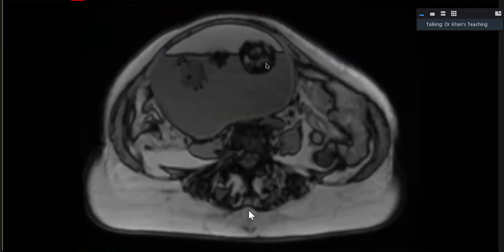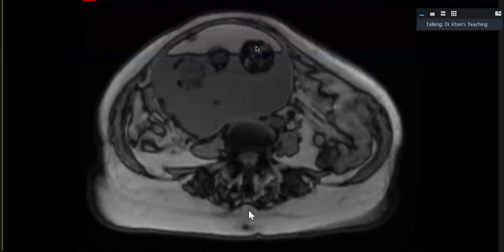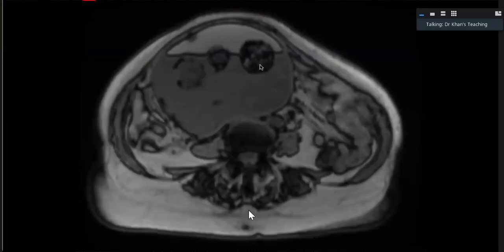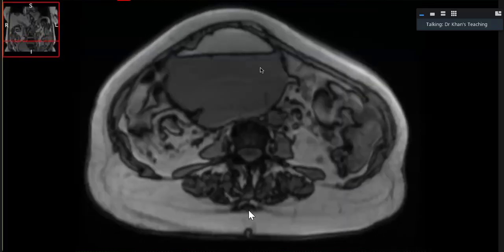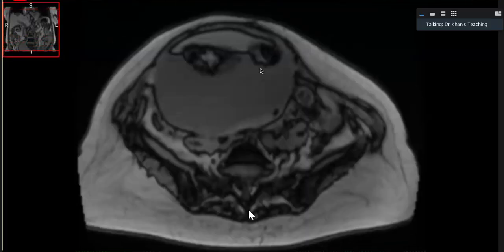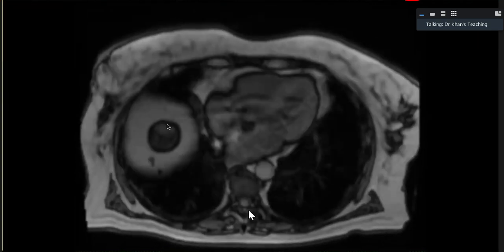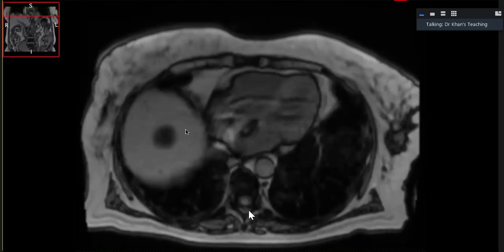When I showed you, you could see that there is a bit of fat here. And this was also fat, but this fat is extracellular, extracytoplasmic, and this one is intracytoplasmic, intracellular, and that is why it shows signal dropout. On this sequence, as we go to the liver, we can see that there is signal dropout.